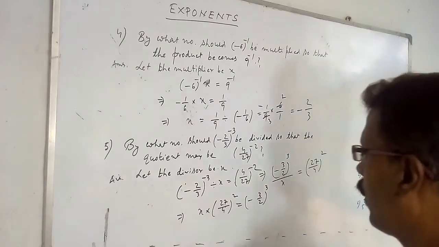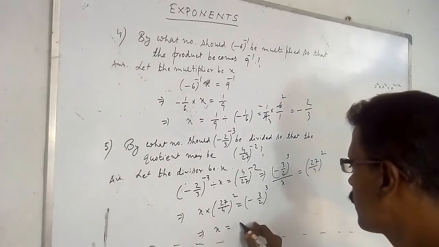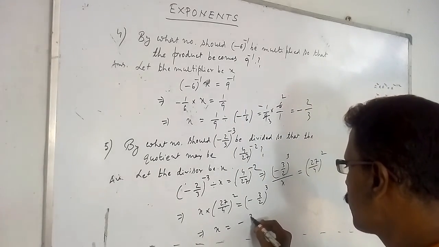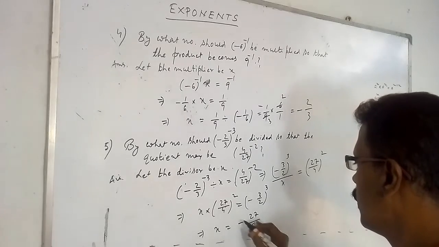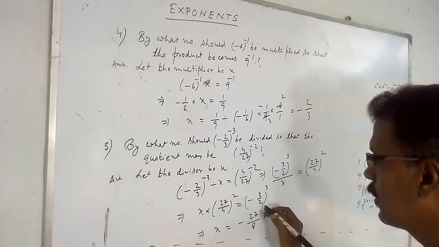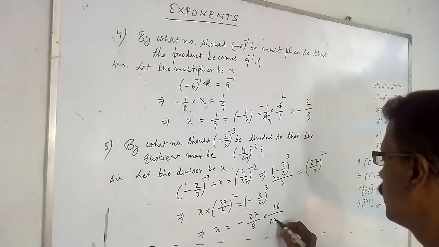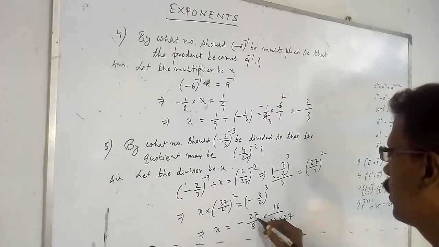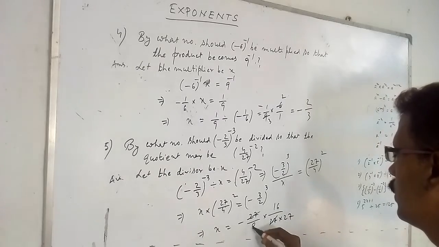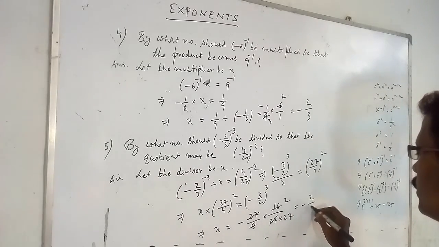Now find the value of x. At the right hand side it is minus 27 by 8, and it is to be reciprocal when it is shifted to the right hand side, that is 4 square, that is 16, and 27 into 27. So cut 27 and 27, 8 and 16, so your answer is minus 2 by 27.